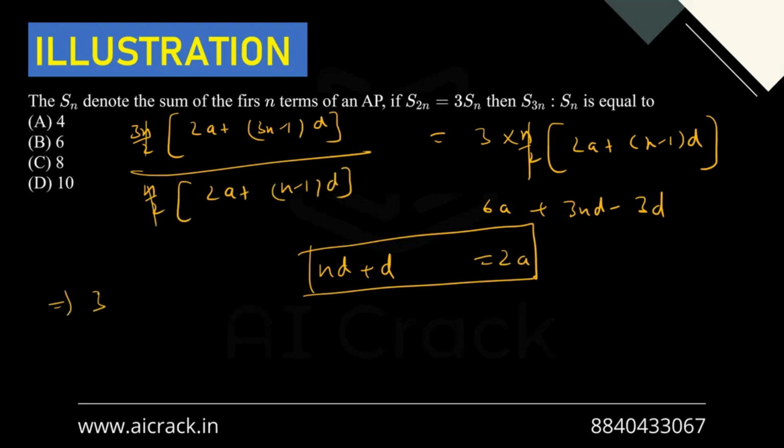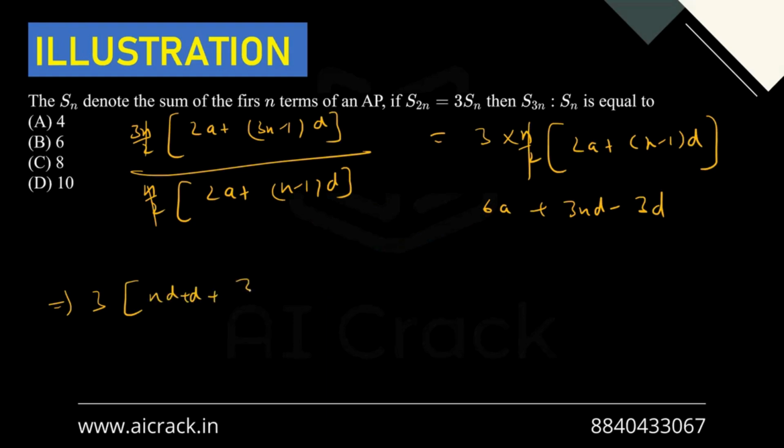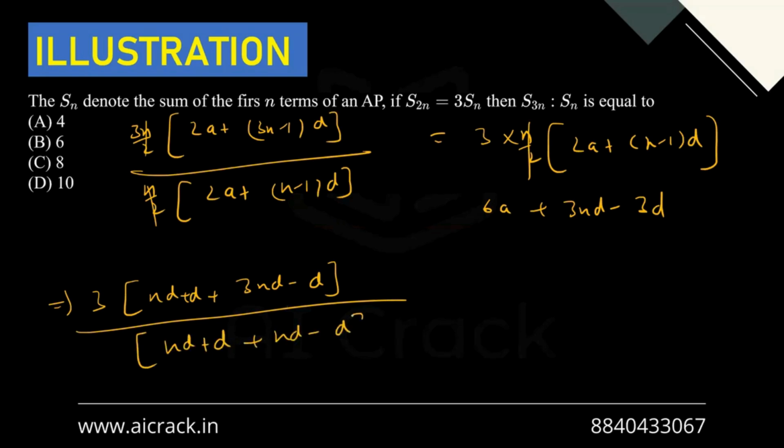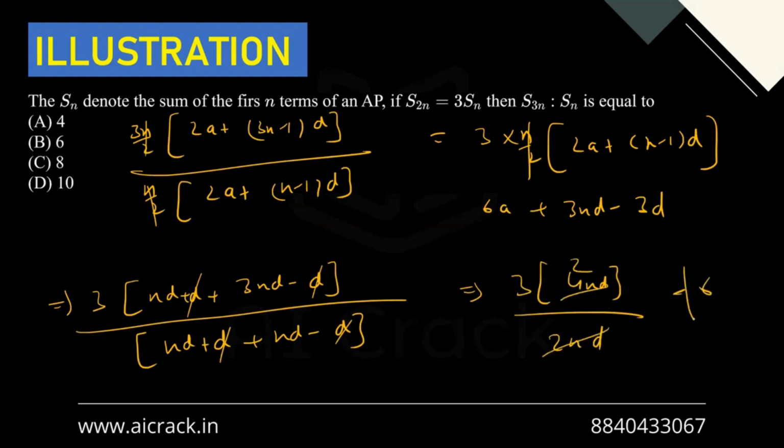We have got 2a as nd plus d, so we can write 3 times (nd plus d plus 3nd minus d), divided by (nd plus d plus nd minus d). Now this d gets cancelled out. What we are left with is 3 times 4nd over 2nd, so this becomes 6. So B is the correct answer.